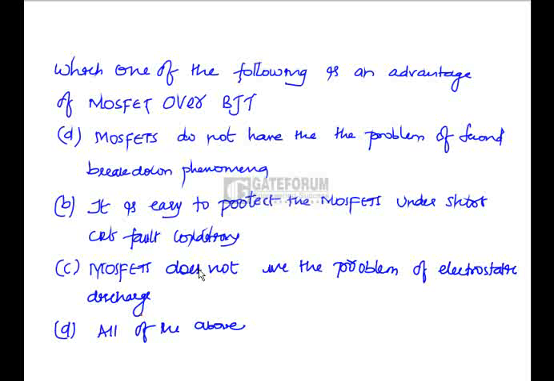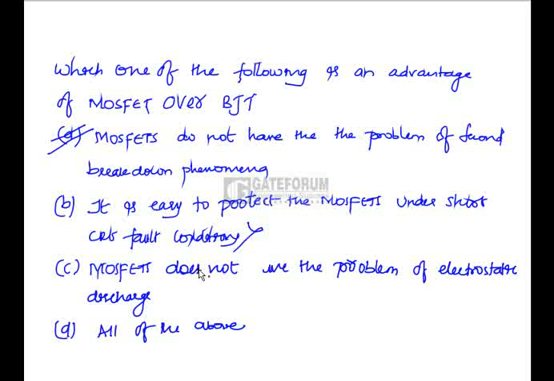He asked about the advantage of MOSFET over BJT. We know that MOSFET is a voltage control device and BJT is a current control device. Look at the first option: MOSFETs do not have the problem of second breakdown phenomena. It is absolutely right. MOSFET doesn't have the problem of secondary breakdown. It is easy to protect the MOSFETs under short circuit faults. This is wrong.